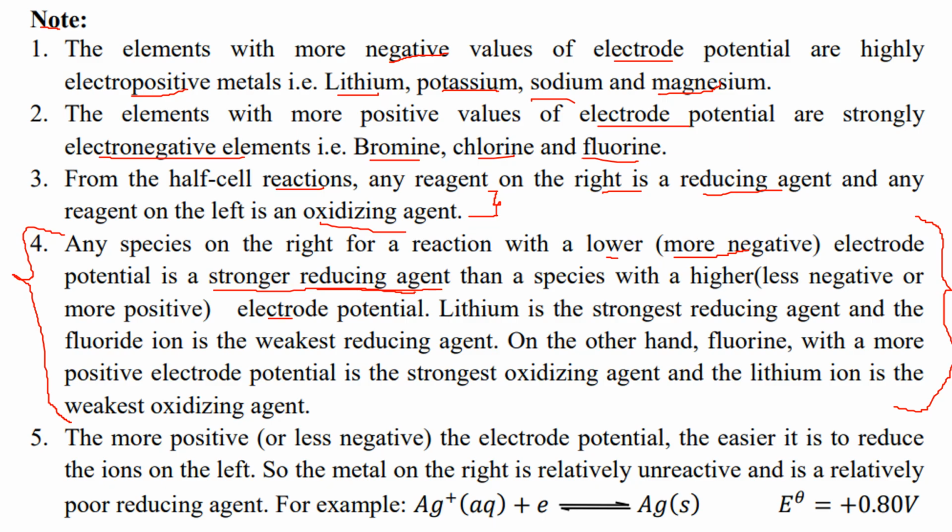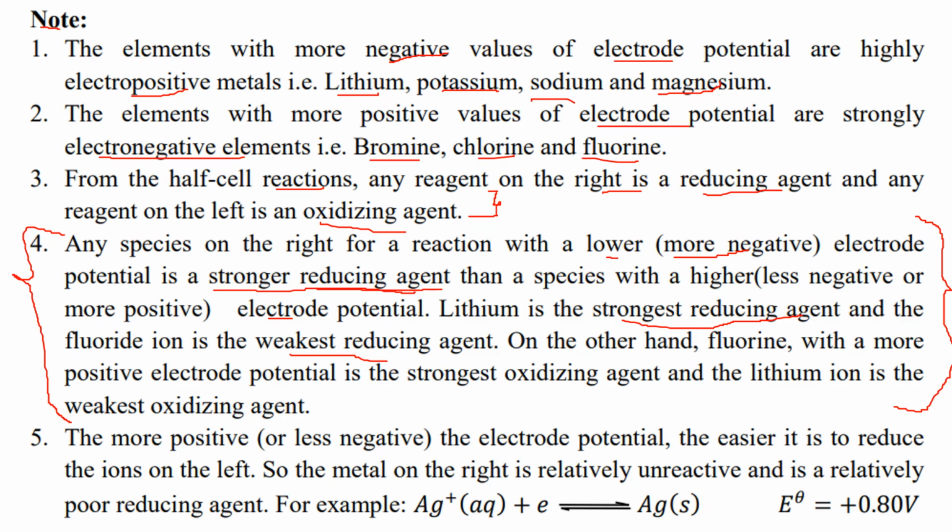Now you're going to say that lithium is going to be the strongest reducing agent and fluoride ion is going to be the weakest reducing agent, simply because lithium has a more negative electrode potential according to the examples that I gave you above, whereas fluoride ion has a less negative electrode potential.